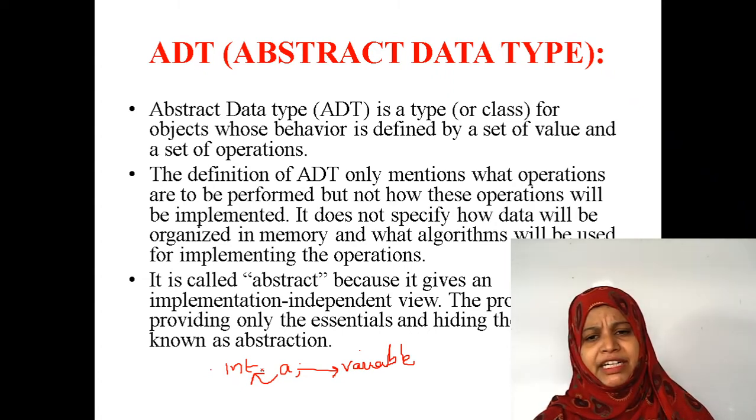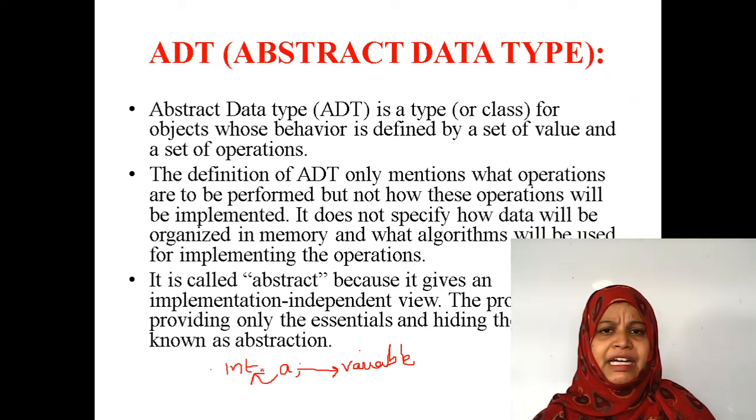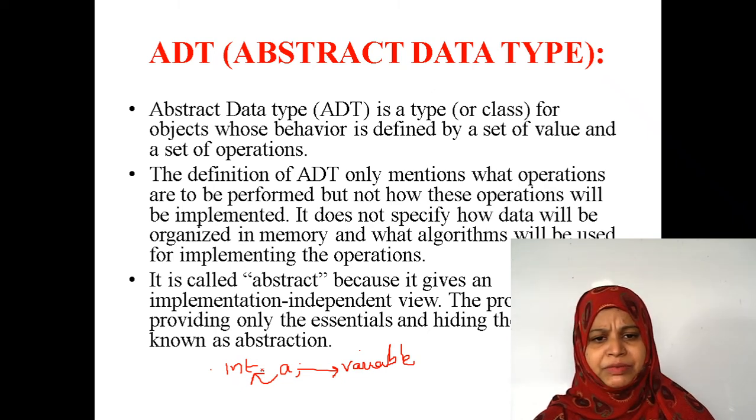In abstract data type, we are dealing with the data type or object. Here we are defining the behavior of the particular object, what type of values we are going to store in that object, or what type of operations we can perform on the object, all defined by the abstract data type.